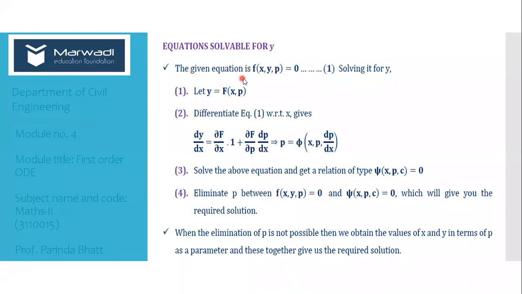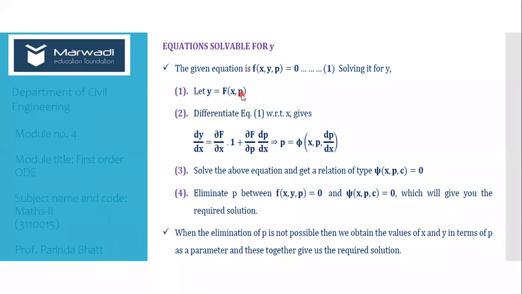The given equation is f of x comma y comma p equal to 0. Solving it for the y variable, first step, let y equal to f of x comma p. That means our given differential equation is converted into y on the left hand side and a function of the x variable and p on the other side, and p is dy by dx.